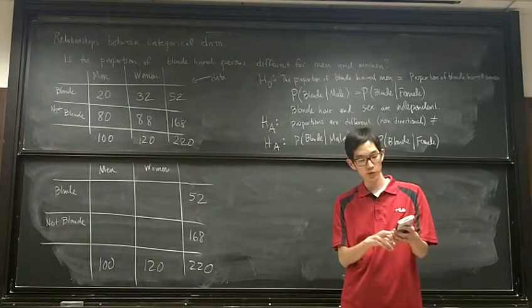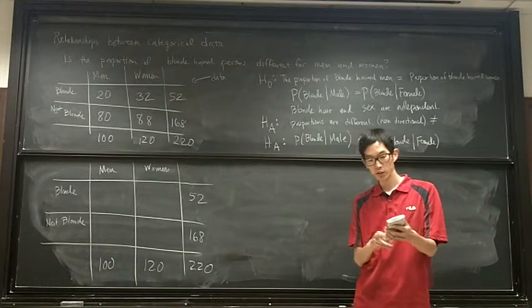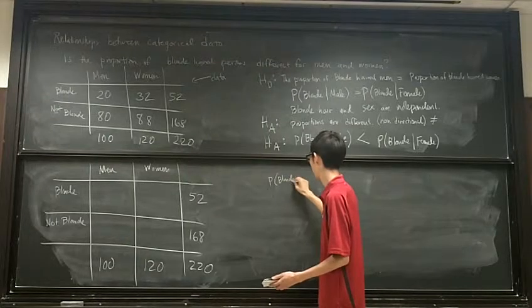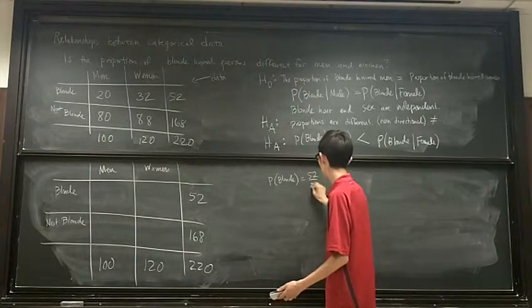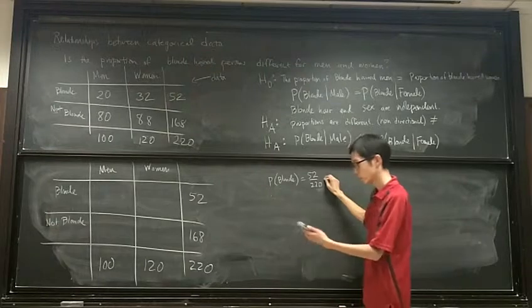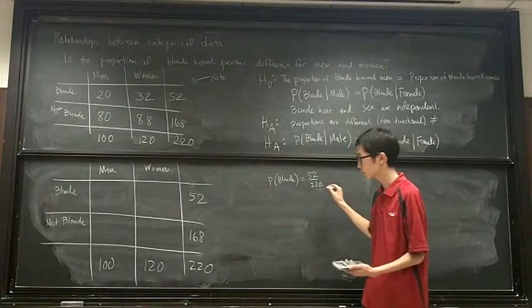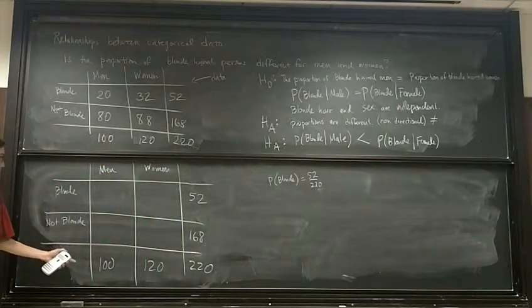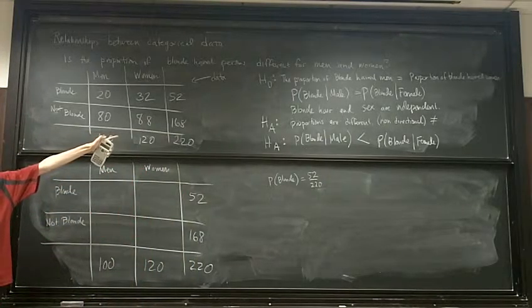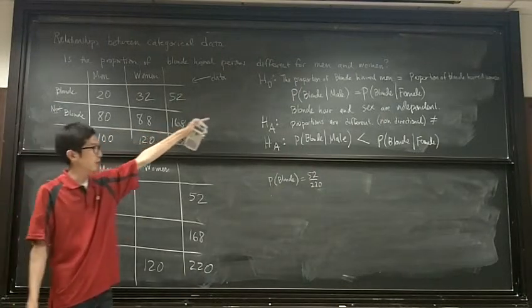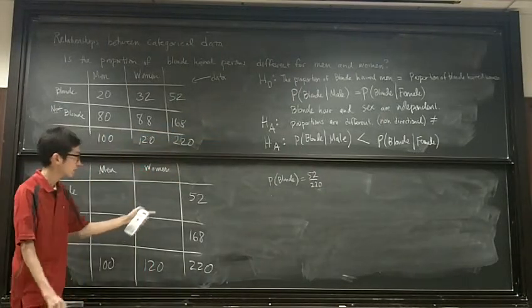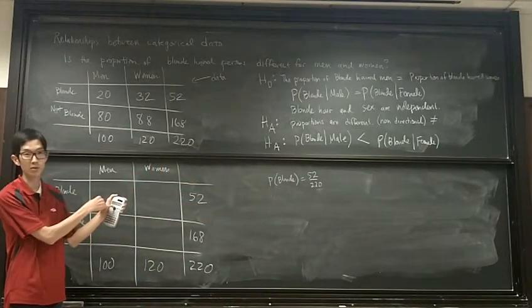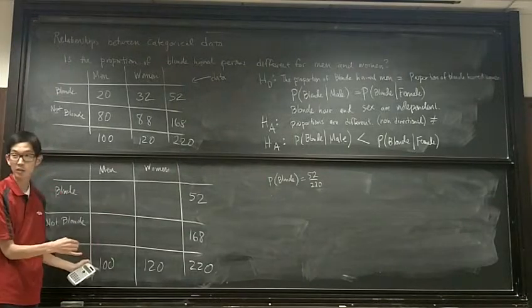The overall proportion is 52 out of 220, so that's 0.23636 or whatever. And if the proportion of blonde-haired males is the same as blonde-haired females, I would expect 52 out of 220, or 0.23636, of the males to be blonde.